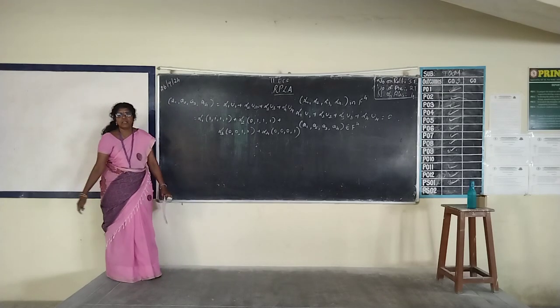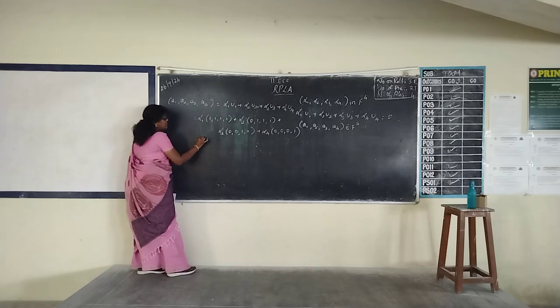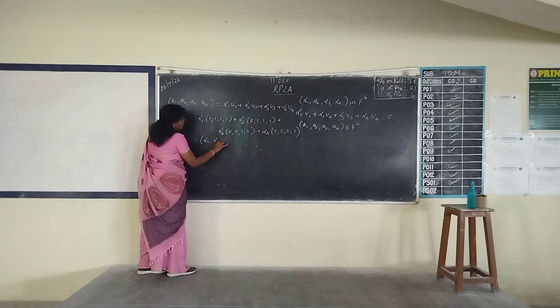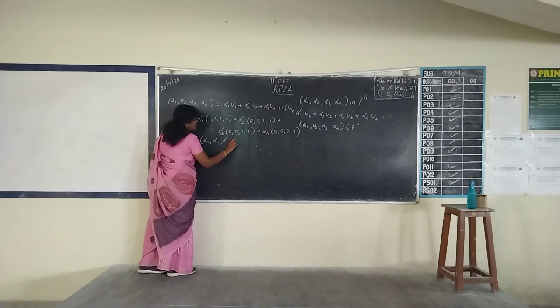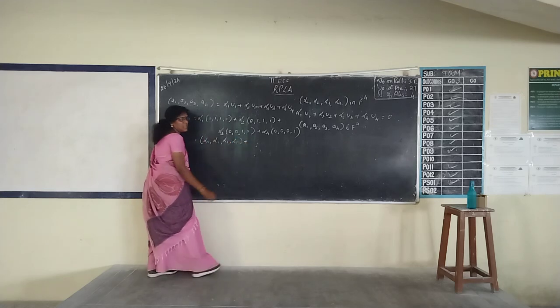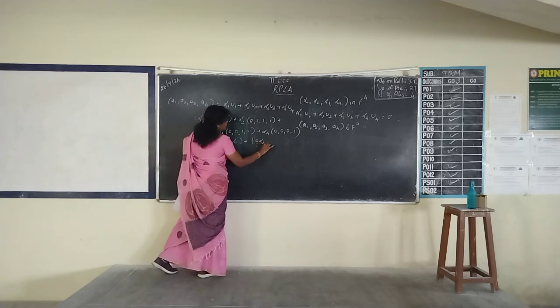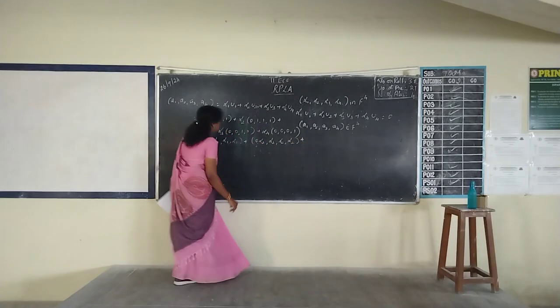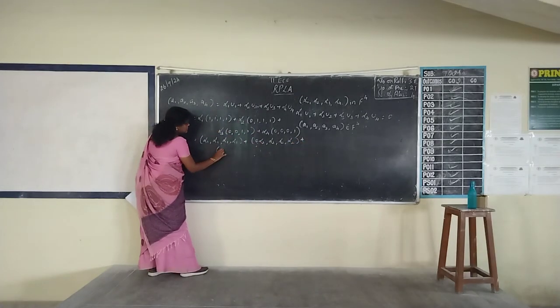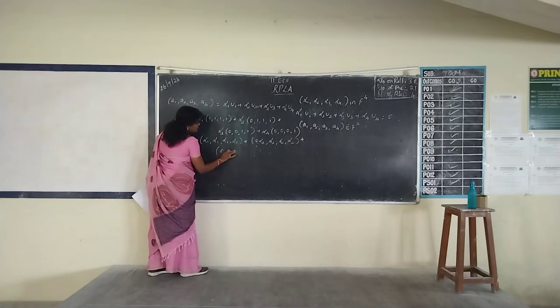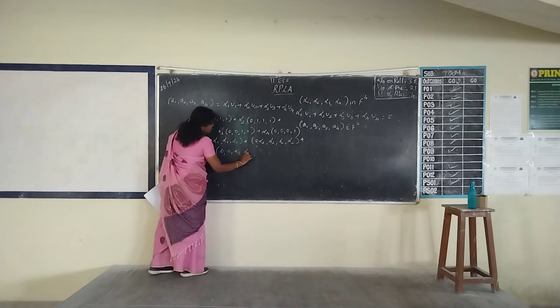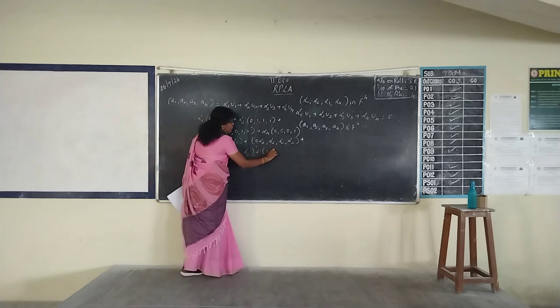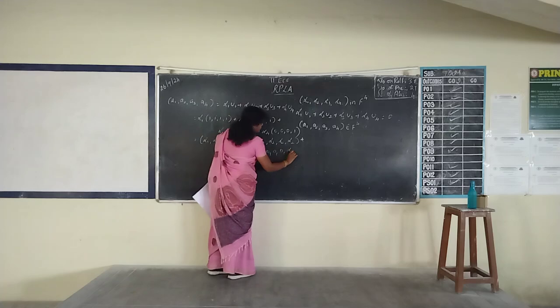Rewrite this one. How will you rewrite this one? Alpha 1, alpha 1, alpha 1, alpha 1. I am writing it up plus 0, alpha 2, alpha 2, alpha 2 plus 0, 0, alpha 3, alpha 3 plus 0, 0, 0, alpha 4.